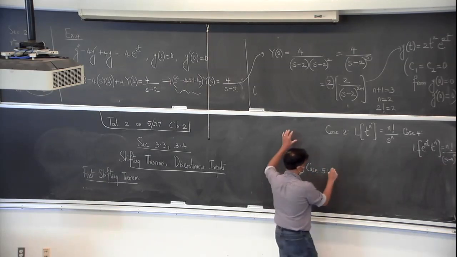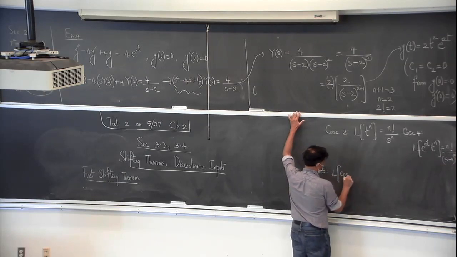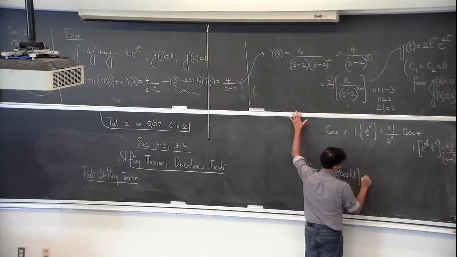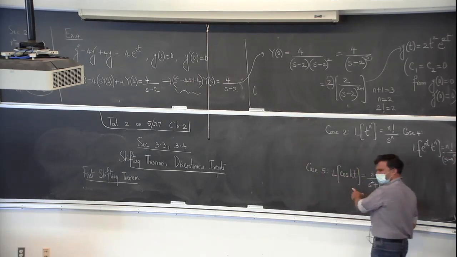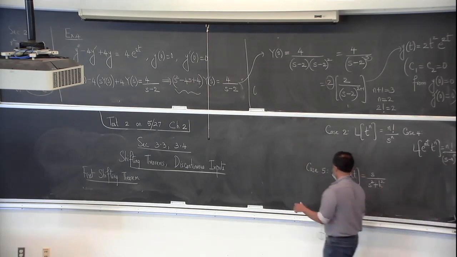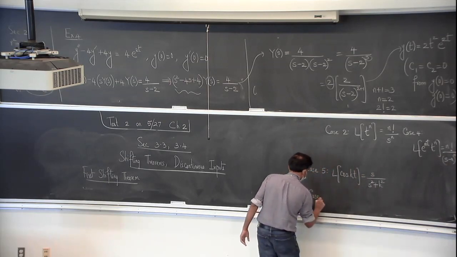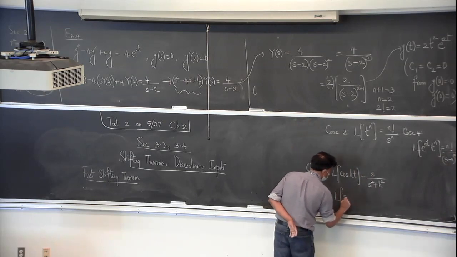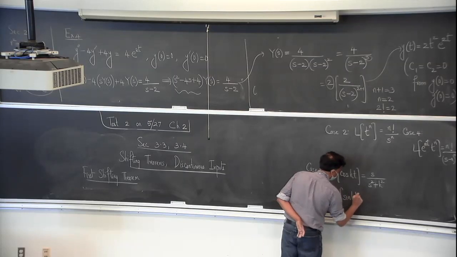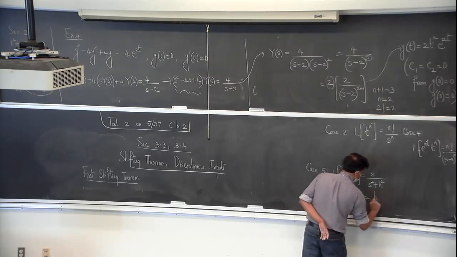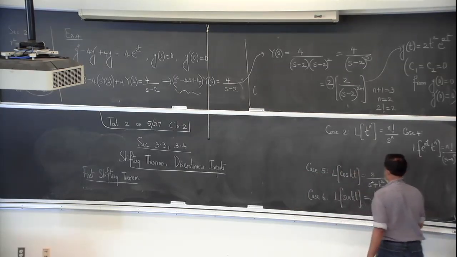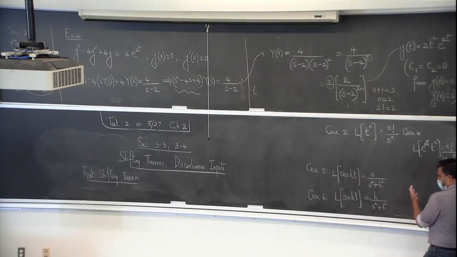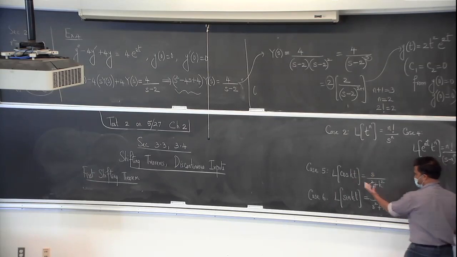which is the Laplace of, let me know if this is not the right one. Is that the right one? Okay. And case number 6. And if you look at cases 7 and 8, they're just derived out of this.